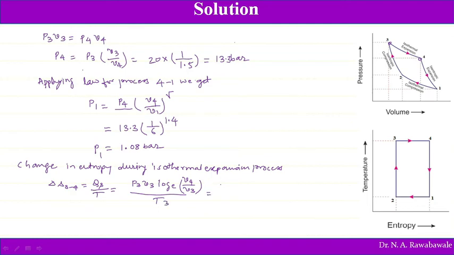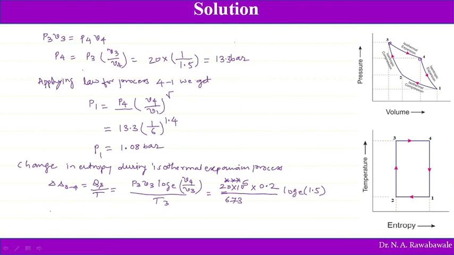So on simplification, P3 pressure is 20 bar, so this is to be written in Newton per meter square: 20 into 10 to the power of 5. This is important. Pressure has to be converted into Newton per meter square, into V3, which is 0.2 as given in the problem, whole divided by temperature T3, which is 673 Kelvin, into log to the base e of V4 divided by V3, which is given as 1.5.